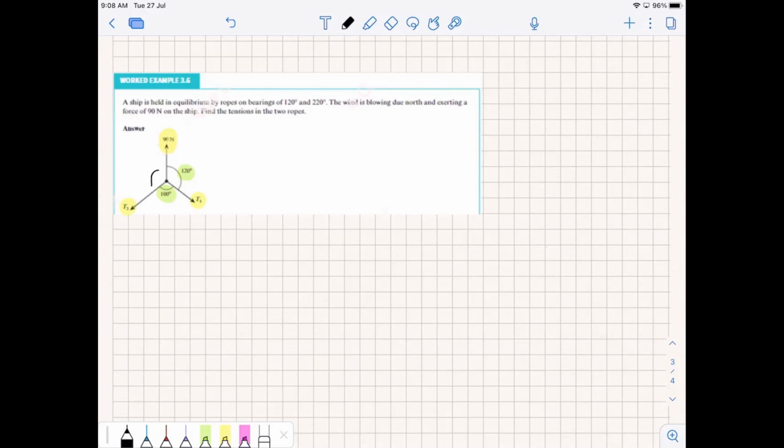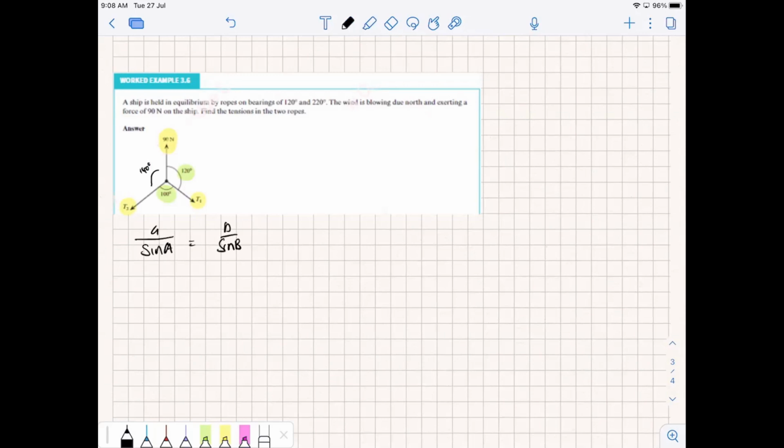So this missing angle here is just 140 degrees. Now, usually you would have to pick your line of action, you'd have to split all the forces into their two components, right? Except we can work this out much simpler by just using the sine rule. Sine A over a is equal to sine B over b.